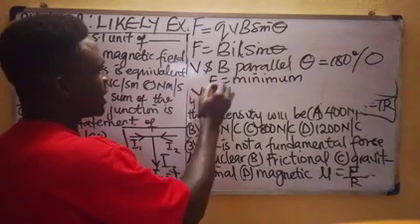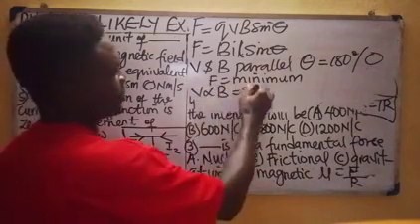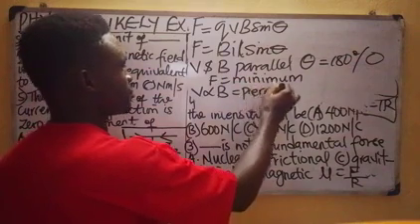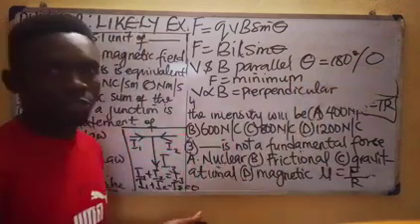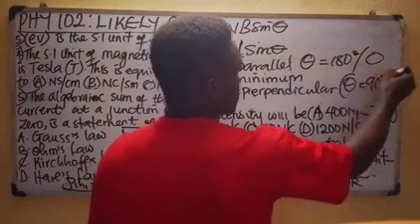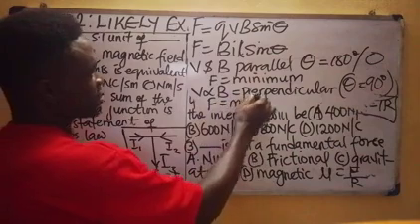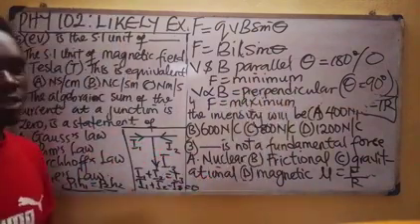But when V and B are perpendicular to each other, the angle of inclination is 90 degrees. Therefore, the force is at its maximum point.